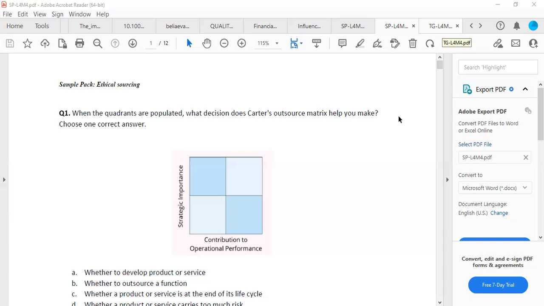Now, in the same chapter, we looked at corporate social responsibility, what it is, and how Milton Friedman argued about it and what he actually said. We also looked at sustainable development in supply chains, the triple bottom line by John Elkington, the profit, people, and planet, and also sustainable practices, standards, and specifications in the supply chain.